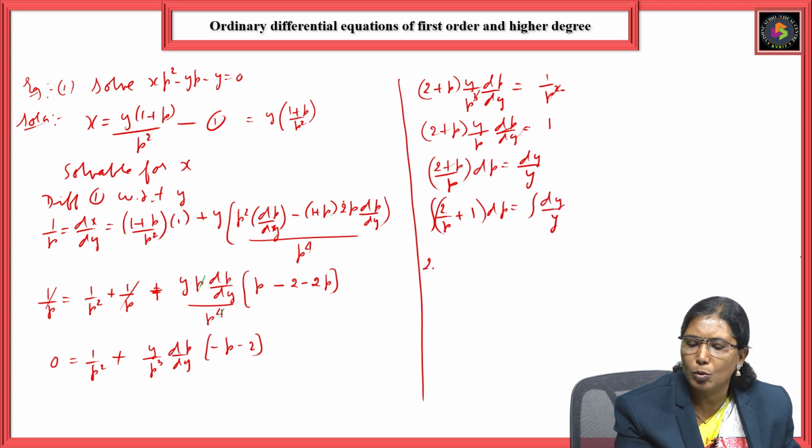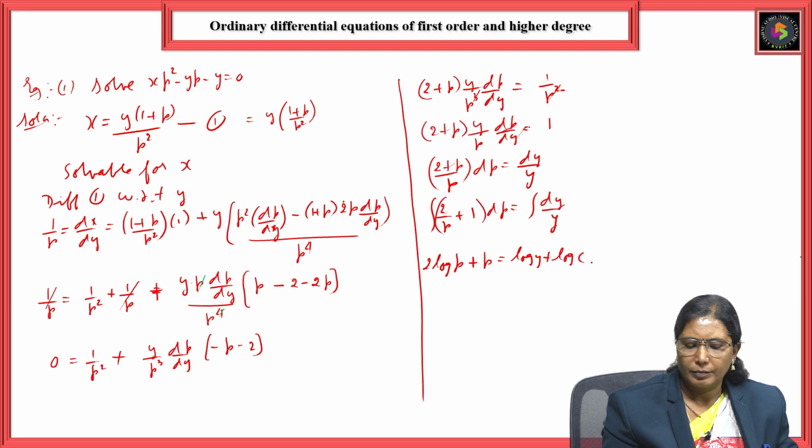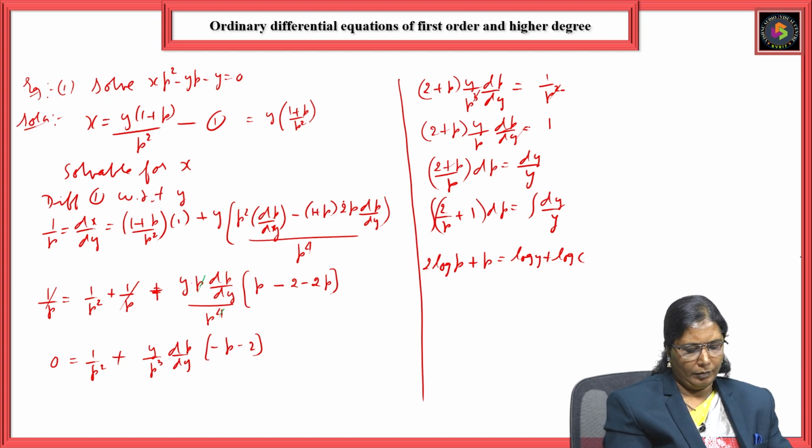So what do you get? 2 log p plus p is equal to log y plus log c.